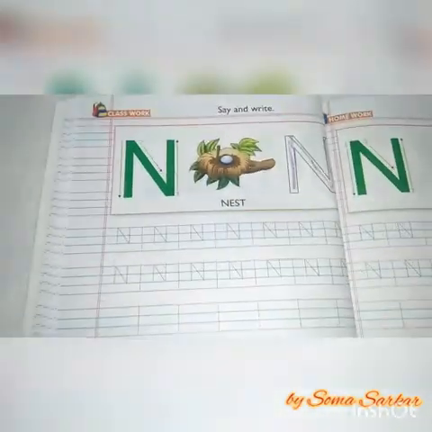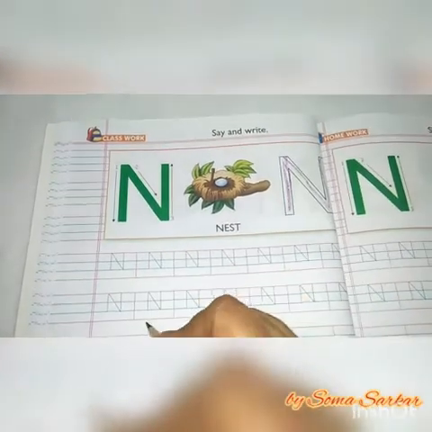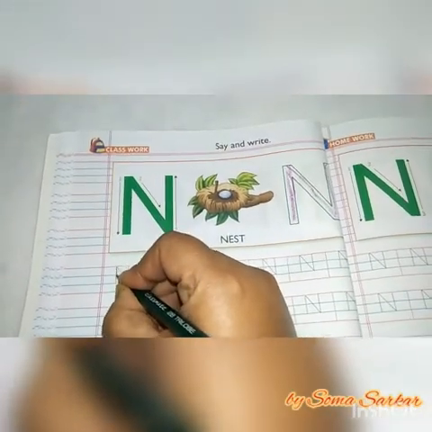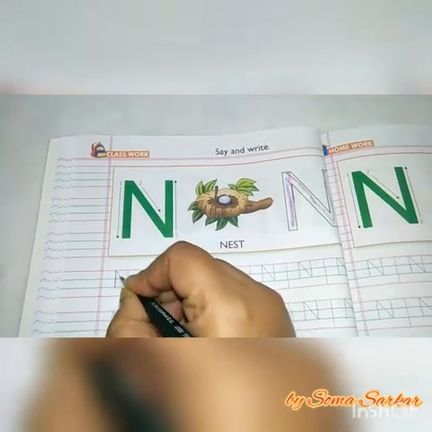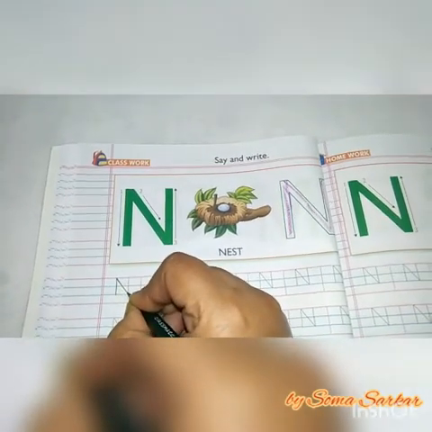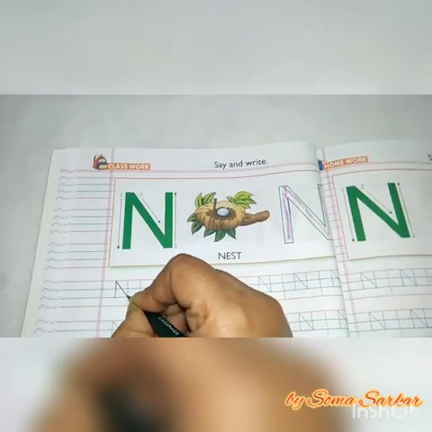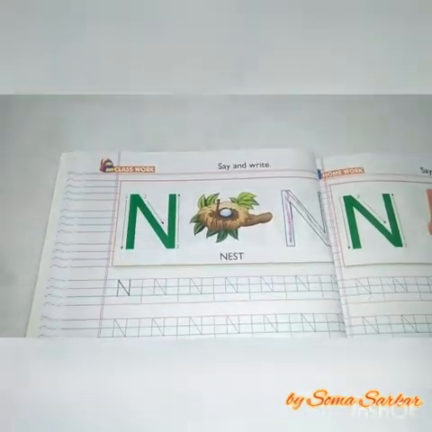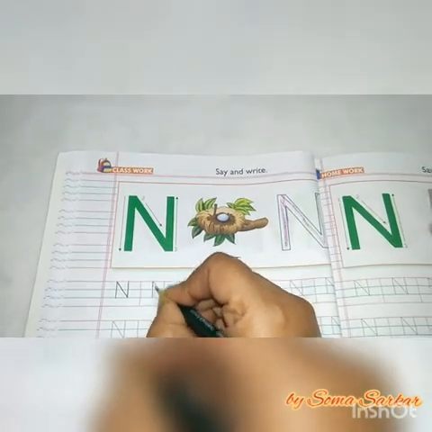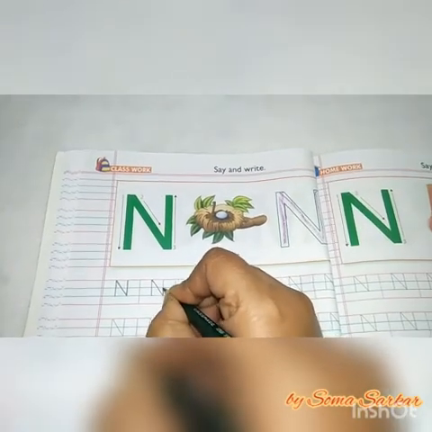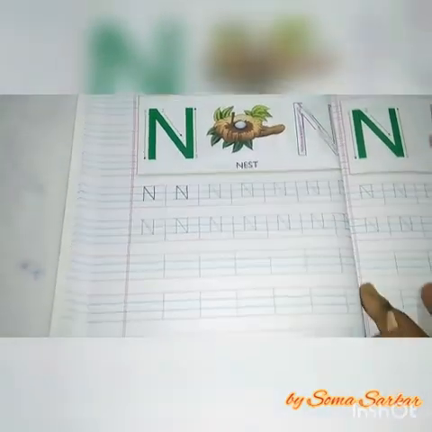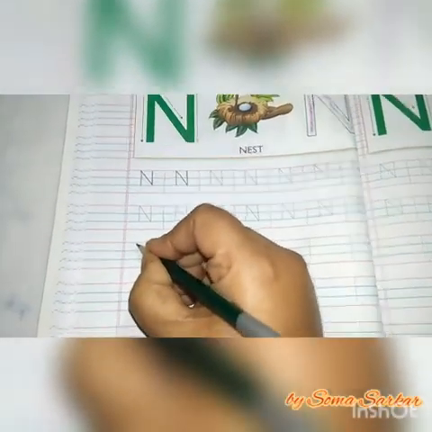Now kids, take your pencil and hold it properly and write on dots. Standing line, go on top, slanting line and from this point go up straight. This is capital letter N. This way you have to complete these 2 lines. Now come here, look at this.